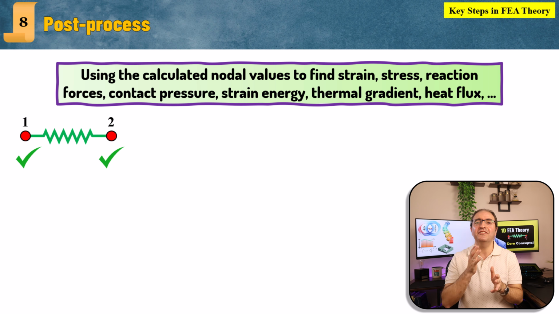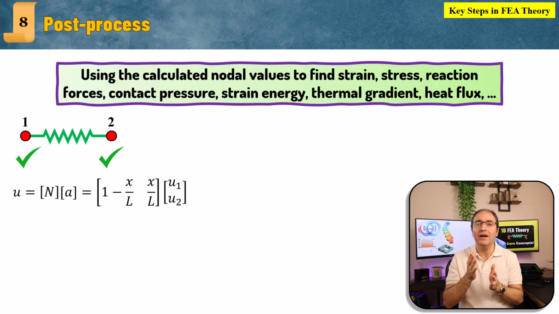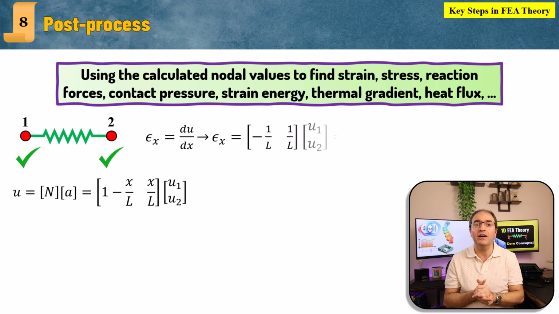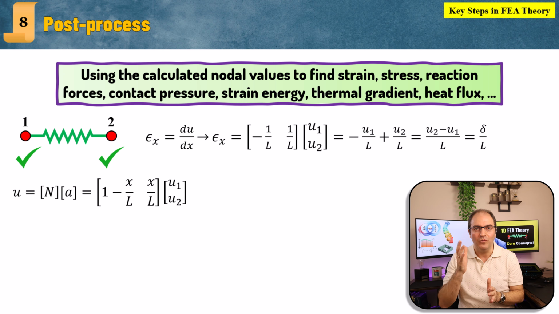We already have the displacement field interpolated as u equal to [1 minus x over L, x over L] times [u1, u2]. Now, to find the strain epsilon x, we take the derivative of displacement with respect to position. Epsilon x is equal to du over dx. Here you can see the derivative of the shape function with respect to x: [negative 1 over L, 1 over L] times [u1, u2].